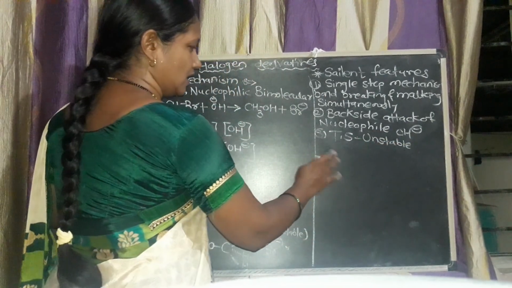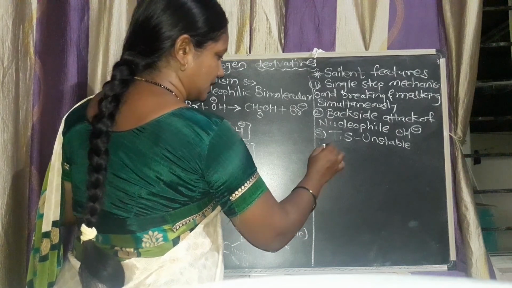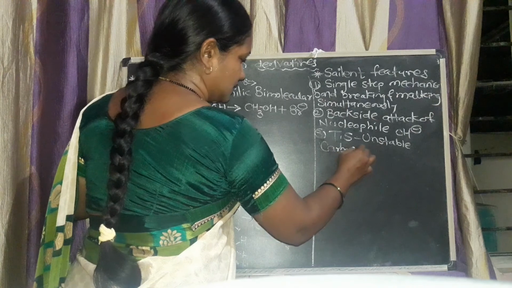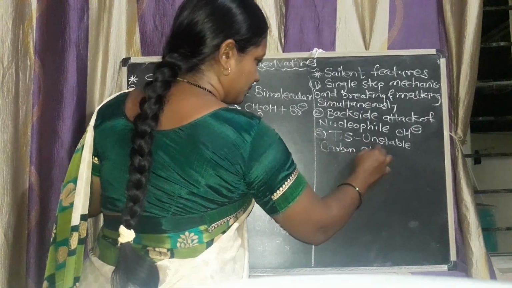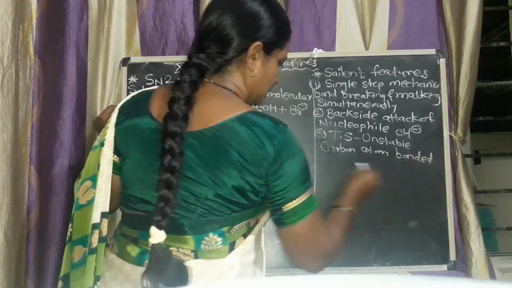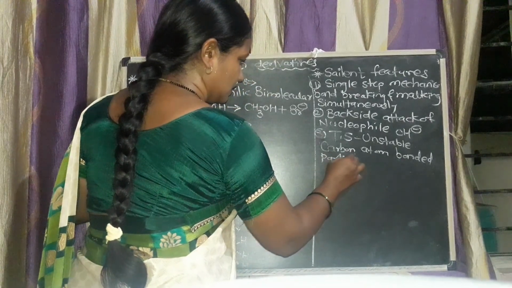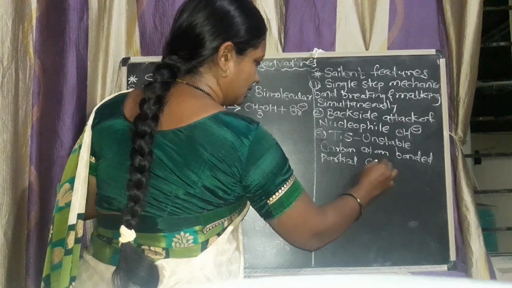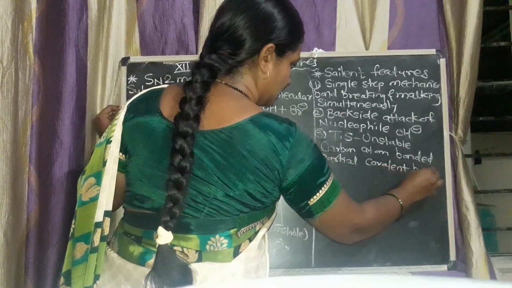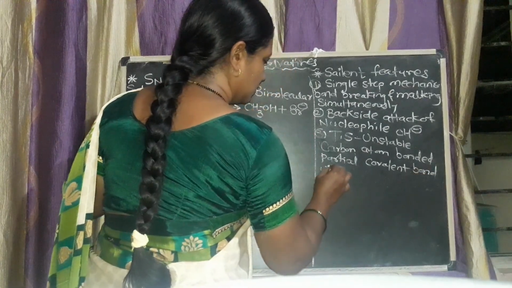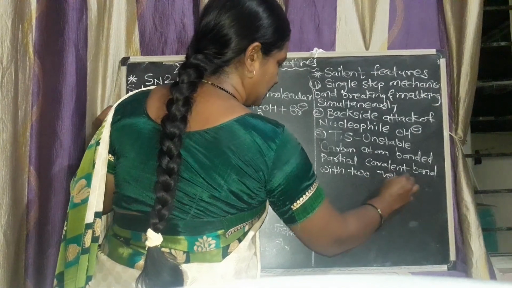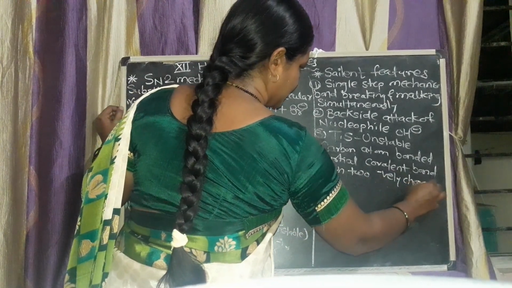The central carbon atom is bonded by partial covalent bonds with two negatively charged nucleophiles.